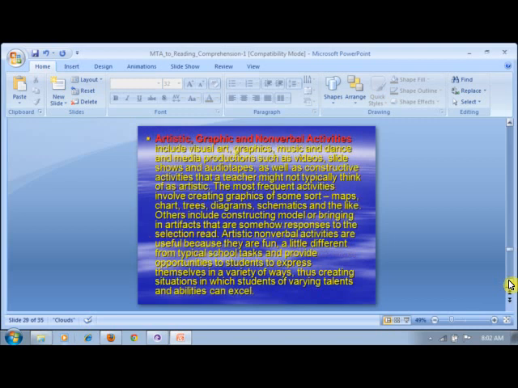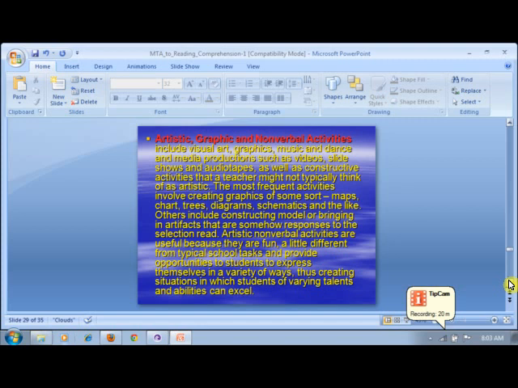Artistic, graphic, and nonverbal activities include visual art, graphics, music and dance, and media productions such as videos, slideshows, and audio tapes, as well as constructive activities that a teacher might not typically think of as artistic. The most frequent activities involve creating graphics of some sort: maps, charts, trees, diagrams, schematics, and the like.